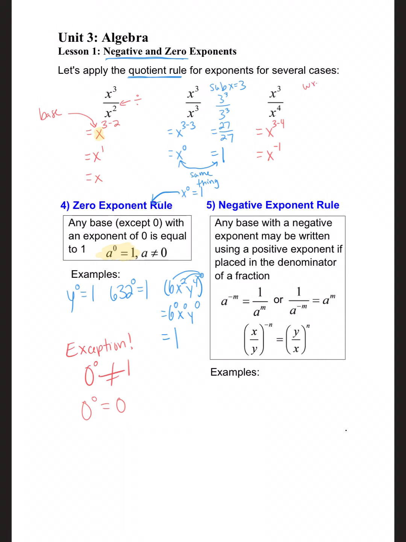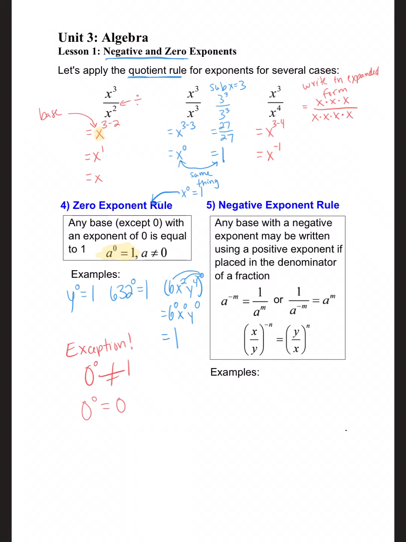So let's write it in expanded form. Instead of x to the power of 3, I'm going to write x times x times x. And in my denominator, I have 4 x's being multiplied.